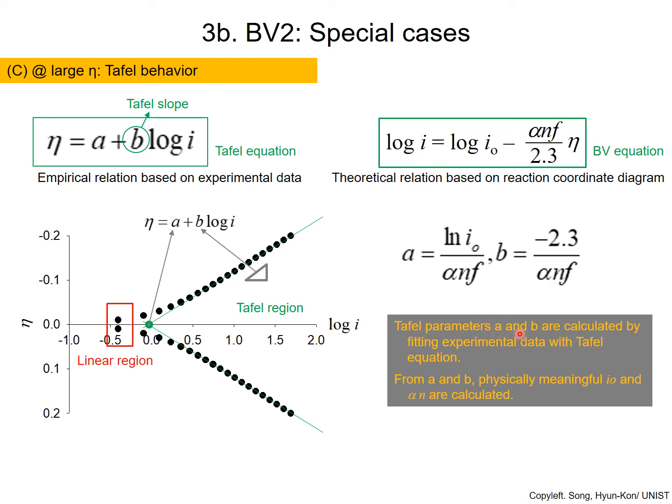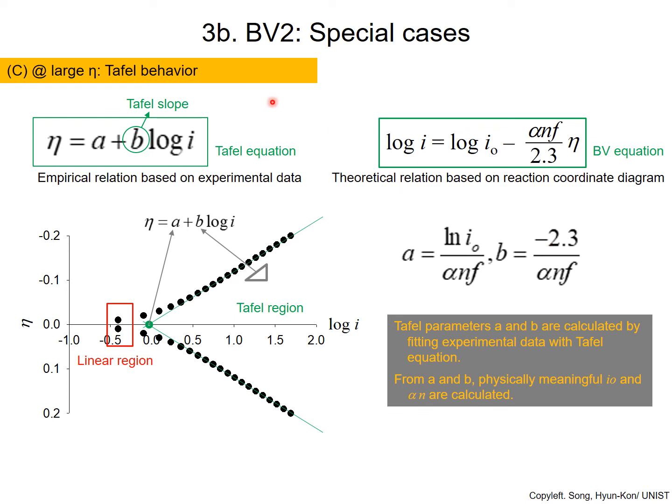Tafel parameters A and B could be calculated by fitting experimental data like that with the Tafel equation. Then from A and B, the physically meaningful exchange current and the product of alpha n are calculated by using this equation. So finally, we could obtain the Butler-Volmer parameters, the exchange current and alpha values, if you know the number of electrons transferred.